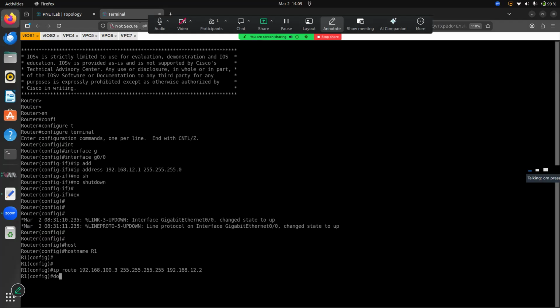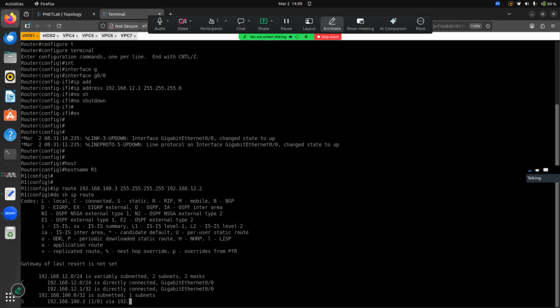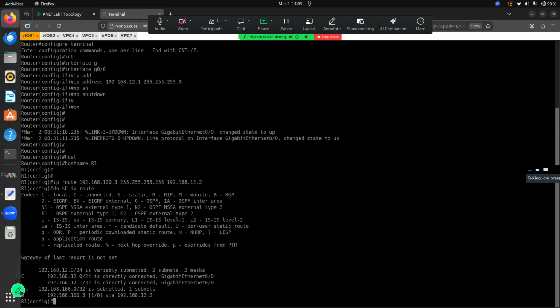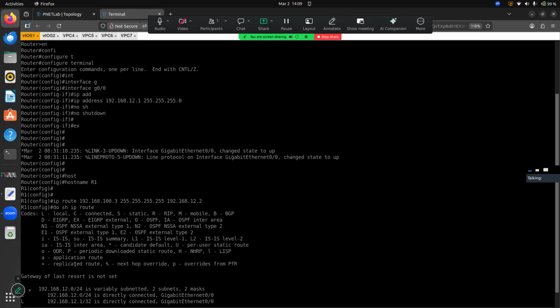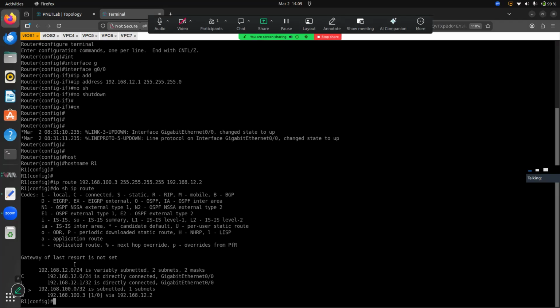Done. Do show ip route. What is it saying? See, this is it. This is the AD value 1 via 12.2. Okay, let's verify.